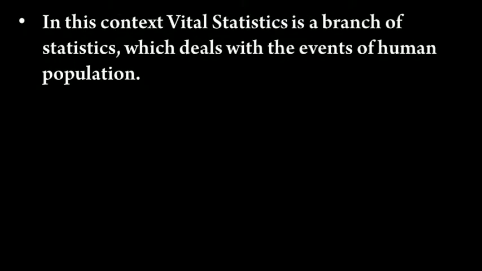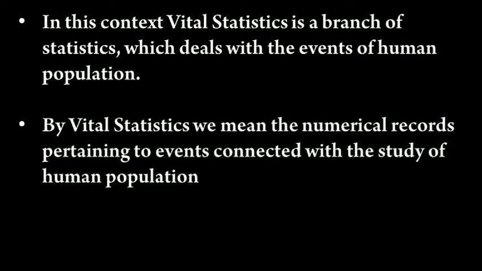In this context, vital statistics is a branch of statistics which deals with the events of human population. So this is a branch of statistics which deals with the events related to human population. By vital statistics, we mean the numerical records pertaining to events connected with the study of human population.